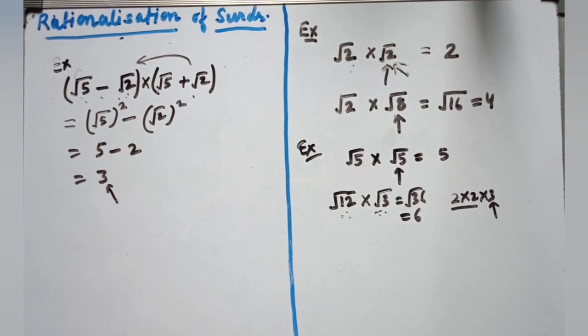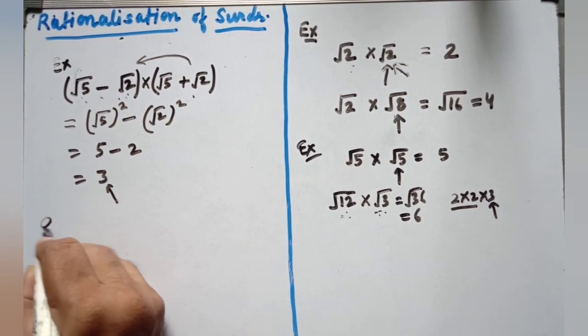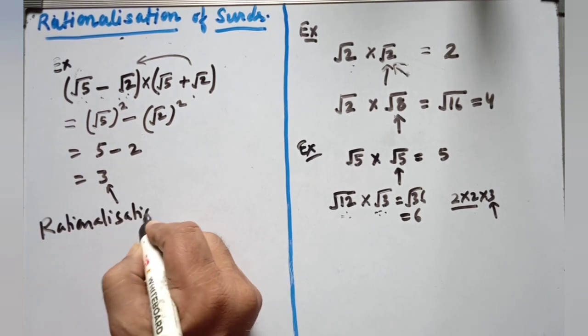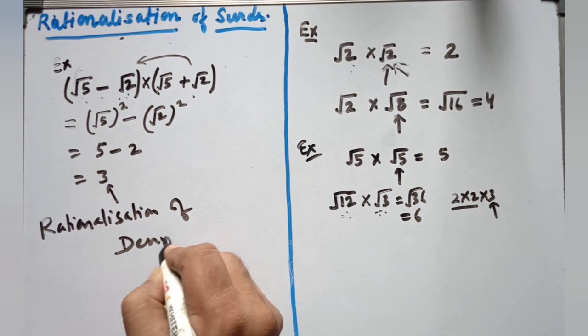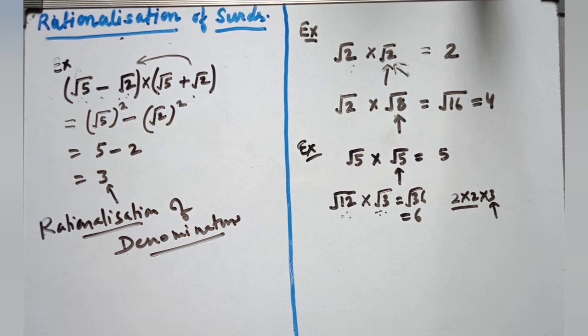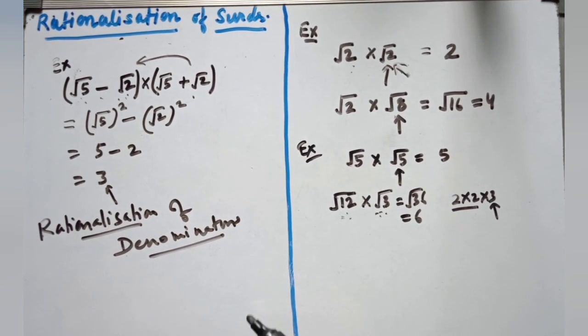Next we will learn how to rationalize the denominators. Rationalization of denominators: the rule is, whatever expression is there in the denominator, we find the rationalizing factor of that, and then we multiply both numerator and denominator by the rationalizing factor.